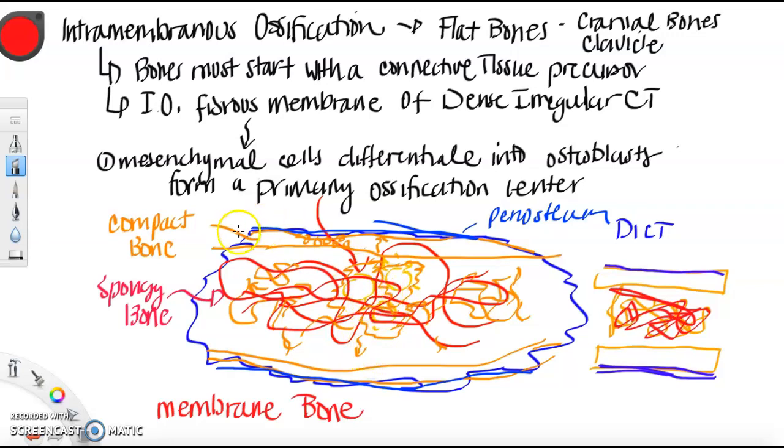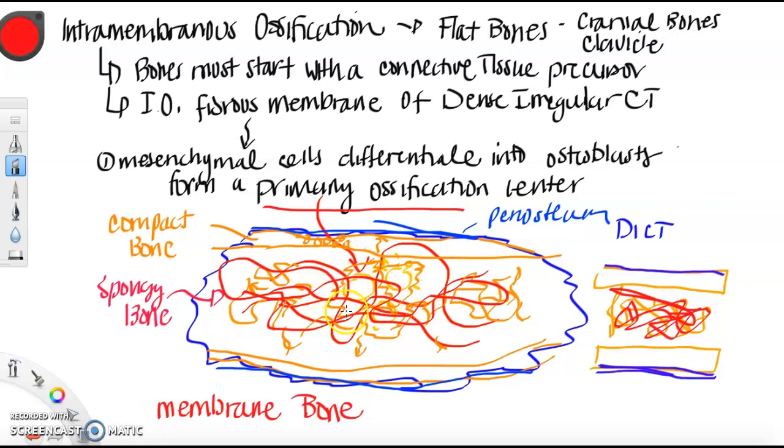So remember, it starts with a primary ossification center, which is mesenchymal cells in a dense, irregular connective tissue, fibrous tissue. Those mesenchymal cells become osteoblasts. So they differentiate into osteoblasts, and then they start secreting matrix. And there's all this blood here because dense irregular connective tissue is vascular.